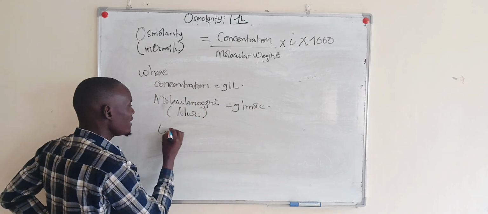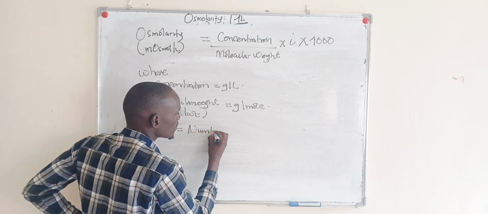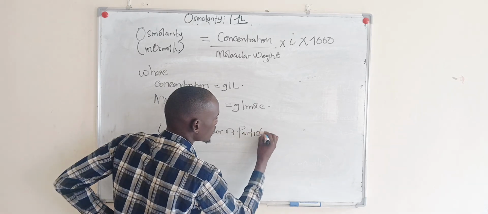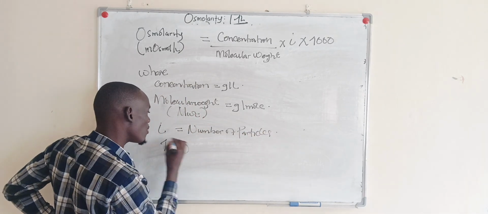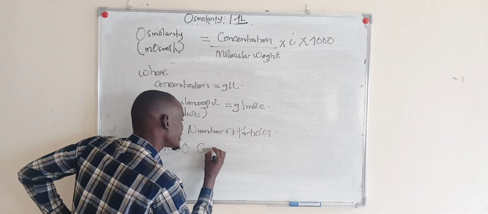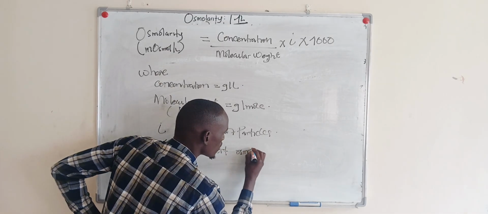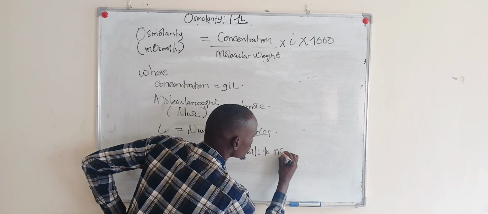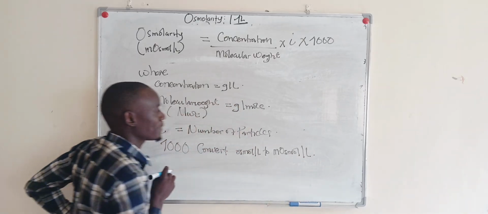The I value simply means the number of particles. Then we multiply by 1000 to convert osmol per liter to mOsmol per liter.